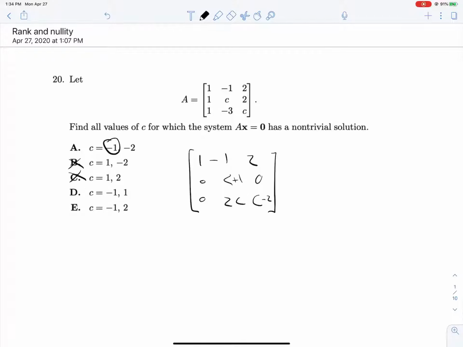Interesting. That said, what if C is equal to, no, 2 doesn't work. What about 1? Okay. This sometimes happens, and this is what I was kind of talking about, where when we have this unknown term in a different column and a different row, things can get a little weird.